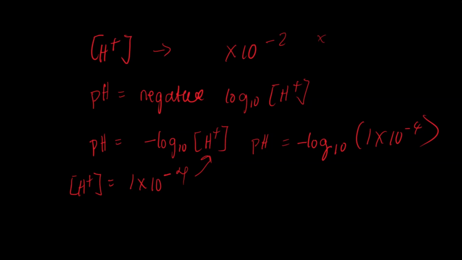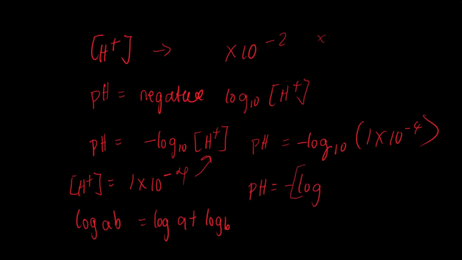And according to the rules of logarithm, log of AB is equal to the log of A plus the log of B. So we would have here that the pH is equal to the negative logarithm, putting this in bracket, to the base 10 of 1 plus the logarithm to the base 10 of 10 raised to the power minus 4.